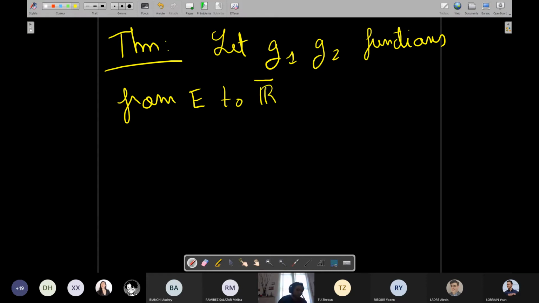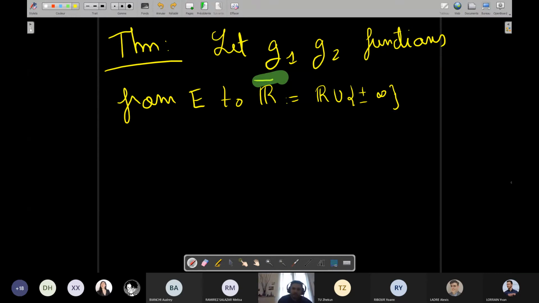Do you know what R bar is? What does this bar mean? It contains the infinity. Yes, this contains infinity. It's just the real line with the infinity values allowed.